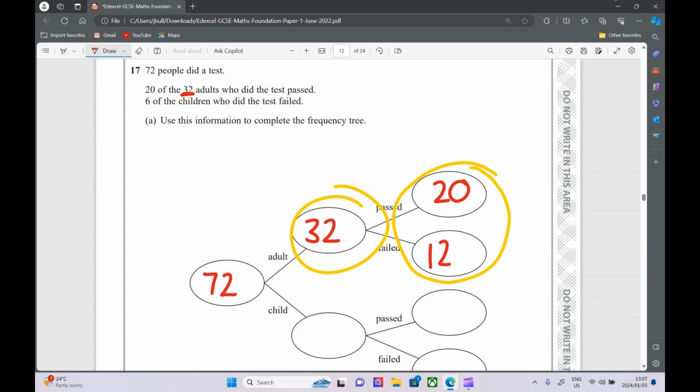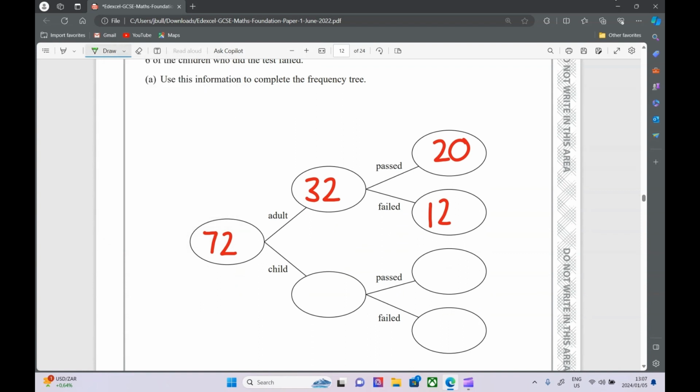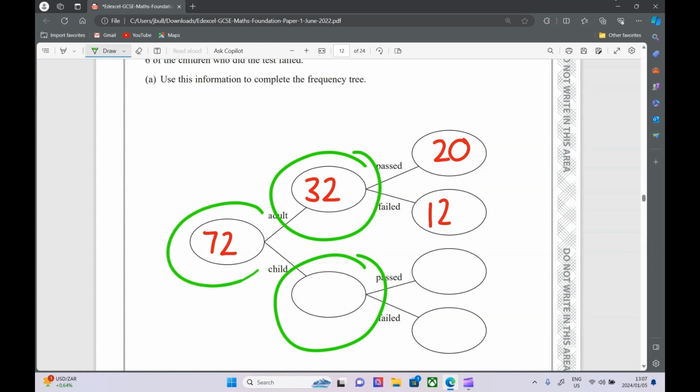So they expect you to be able to work that out. And then they don't actually tell us how many children there are in total, but we can work that out. They say there are 72 people in total. So 32 plus something has to give me 72.